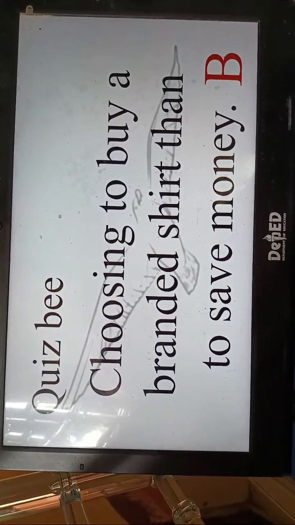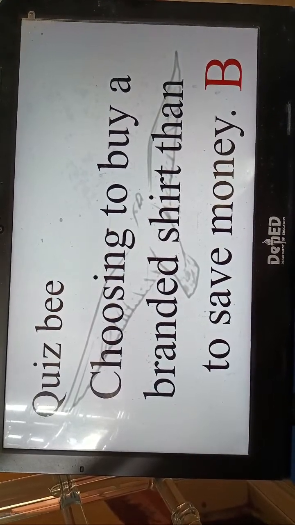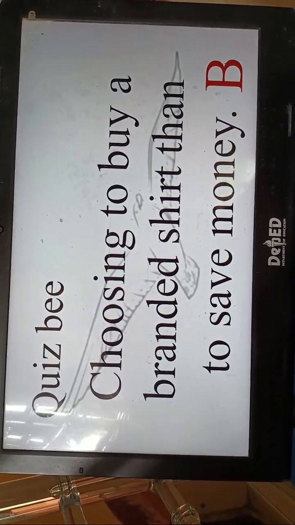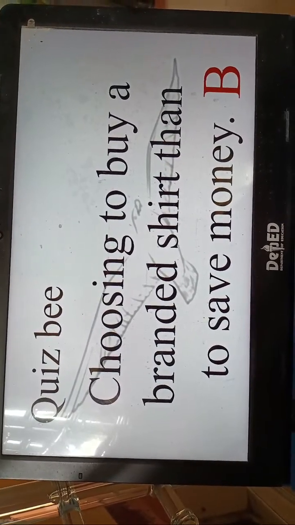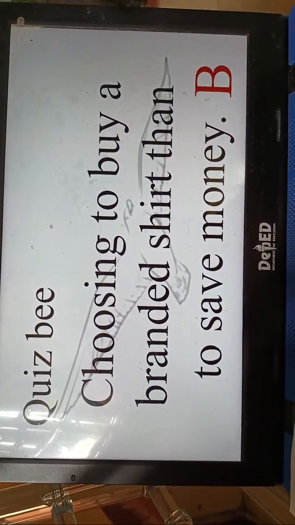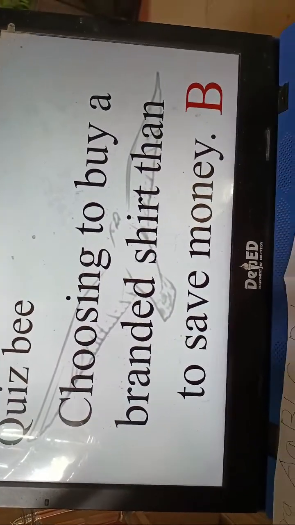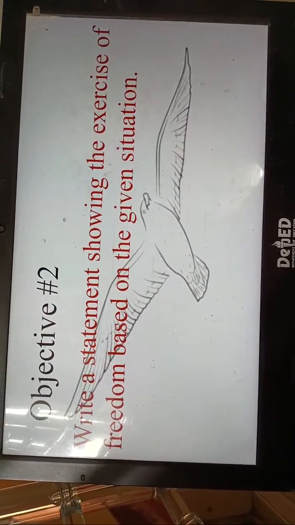From the word choosing, you are exercising your freedom of choice. A is for physical, B is for psychological, and C is for moral. Okay, we're done with it.